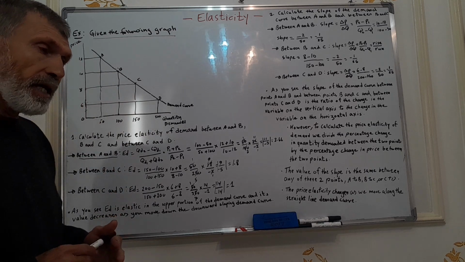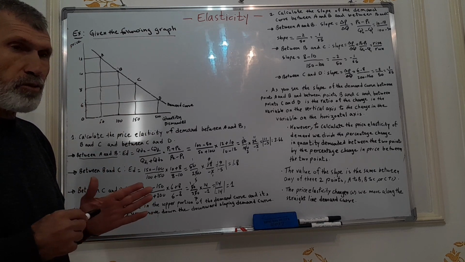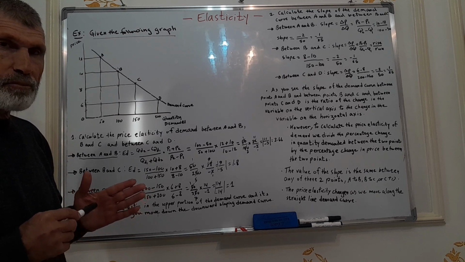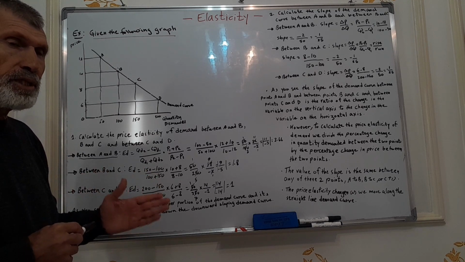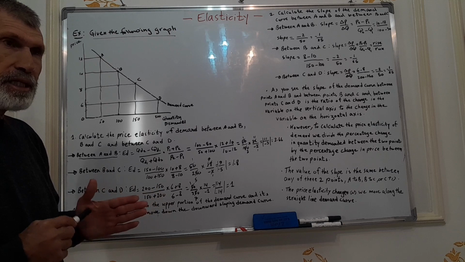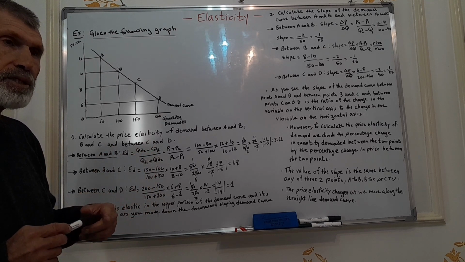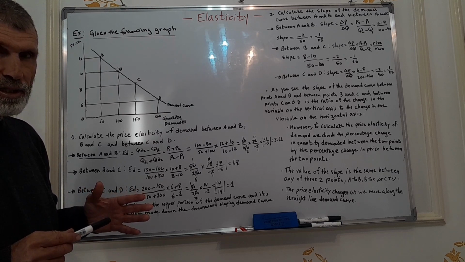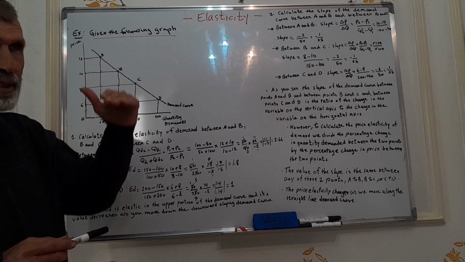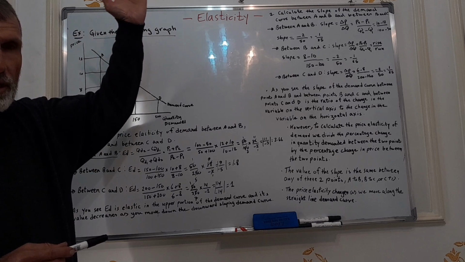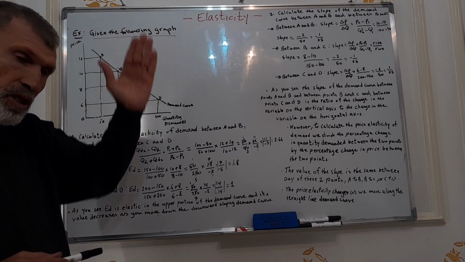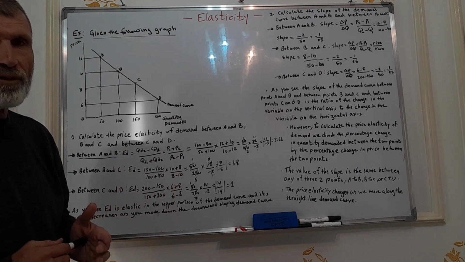Okay? The reason I stated this question like this, to find the price elasticity of demand between A and B, B and C, and C and D, is to tell you that along the straight line demand curve, elasticity changes from high value in the upper half of the demand curve to low value in the lower half of the demand curve.